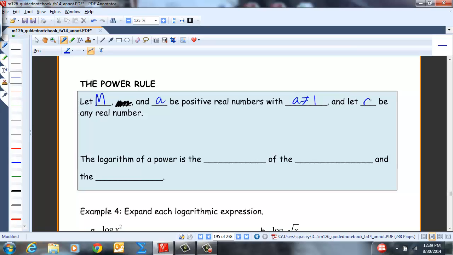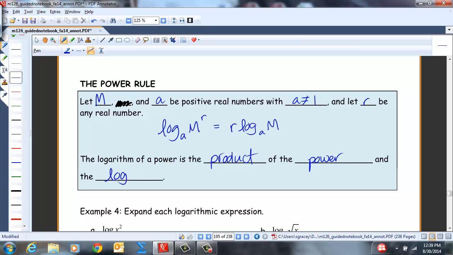So what we'll have is log base a of m raised to the r is equal to r times log base a of m. So the logarithm of a power is the product of the power and the log.